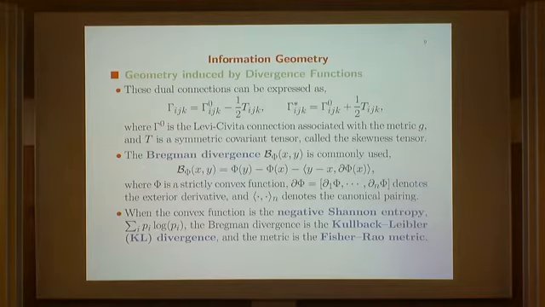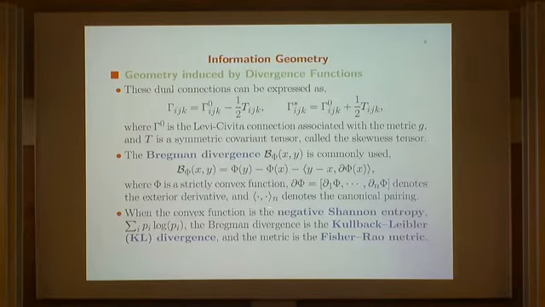So you can write down the pair of dual connections in terms of these other more fundamental objects. And as an example of a divergence function, there is a class of divergence functions called Bregman divergences. They are defined in terms of some strictly convex functional and given in the following way. You might not have heard of Bregman divergences, but they are related to things which are perhaps more familiar.